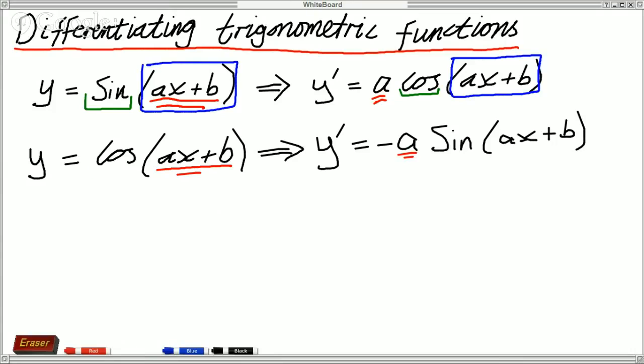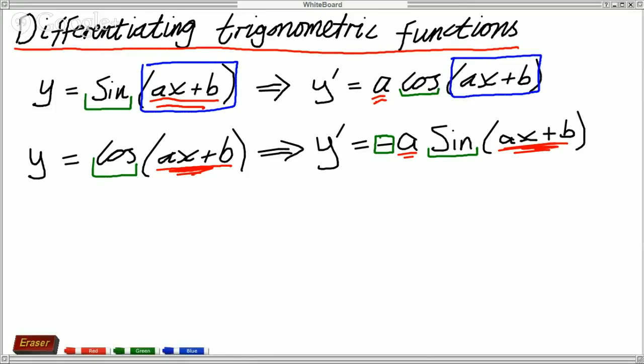Cos will differentiate to give negative sine. And likewise, this function at the end here stays the same. So the moral of this is cos will differentiate to give negative sine.